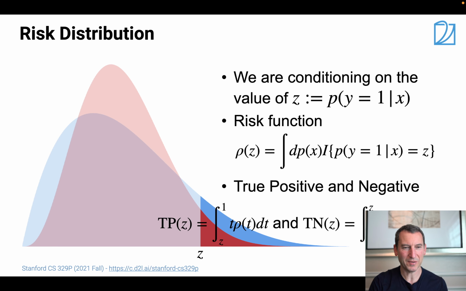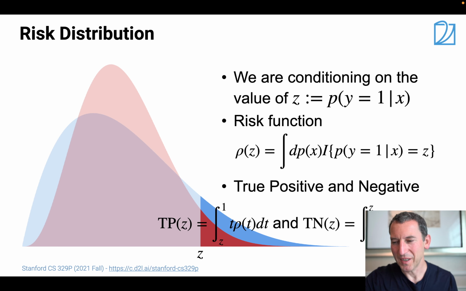So this curve rho is given by integrating over all x's for which p of y equals 1 given x is z. So you integrate over possibly a very large domain. I mean, it's still a density. At least if we start with a density, we will typically end up with a density again.